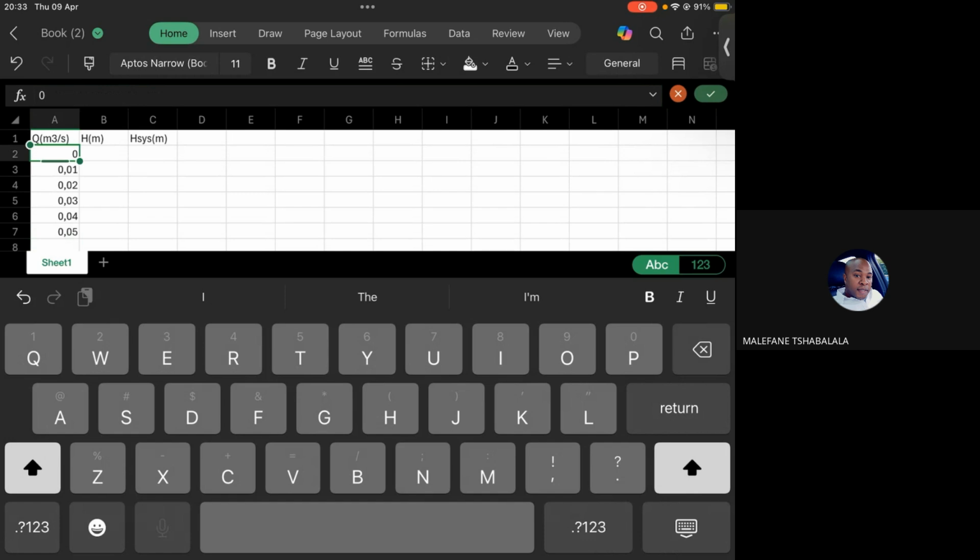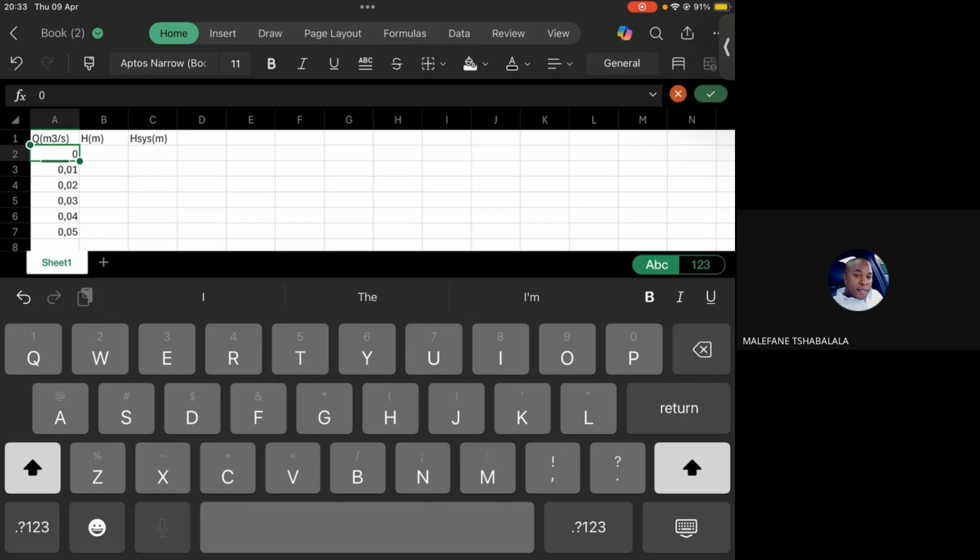After entering 0 cubic meters per second, you'll press enter to move to the next cell. So you'll have 0, then enter, then 0.01, then enter, 0.02, then enter, up until 0.05.